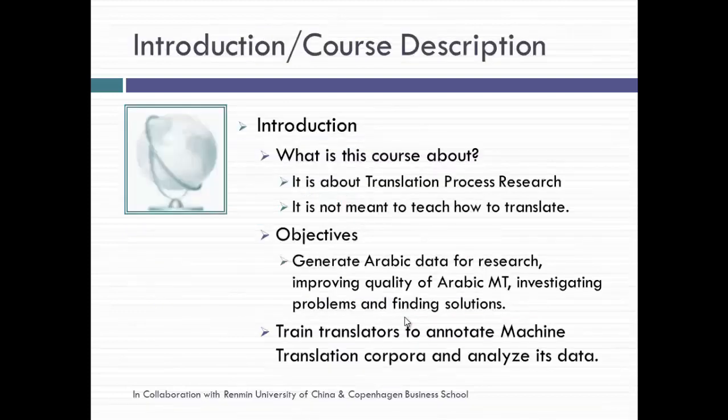What is this course about? It is about translation process research. It tries to imitate what happens in the brain of a human translator. What kind of thinking, what kind of strategies the human translator uses, how the human translator translates a sentence or a passage or a paragraph, translating phrase by phrase or sentence by sentence, and so on.